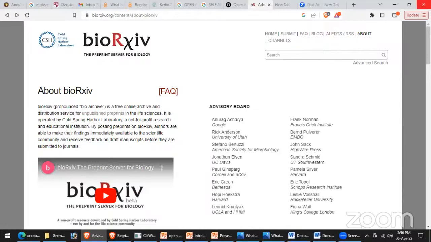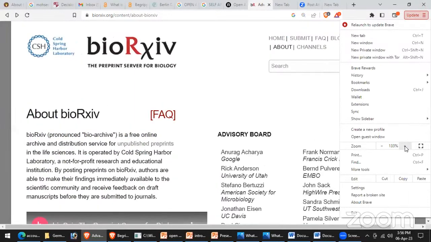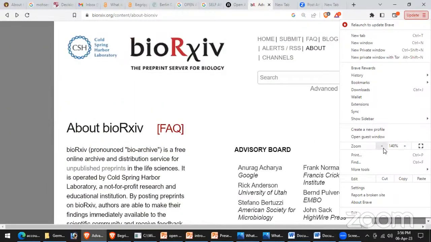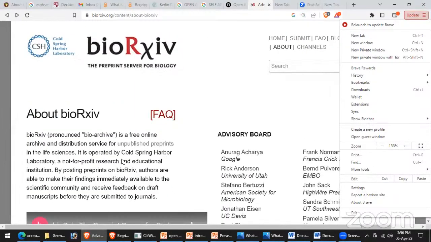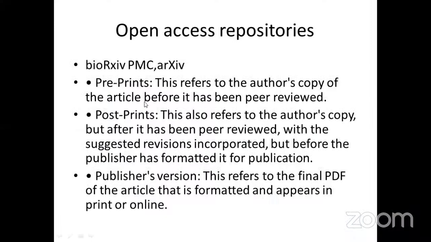Can you see this? It is a free online archive and distribution service for unpublished preprints in the life sciences. What I have written here, it is preprint. Stage one is your preprint.